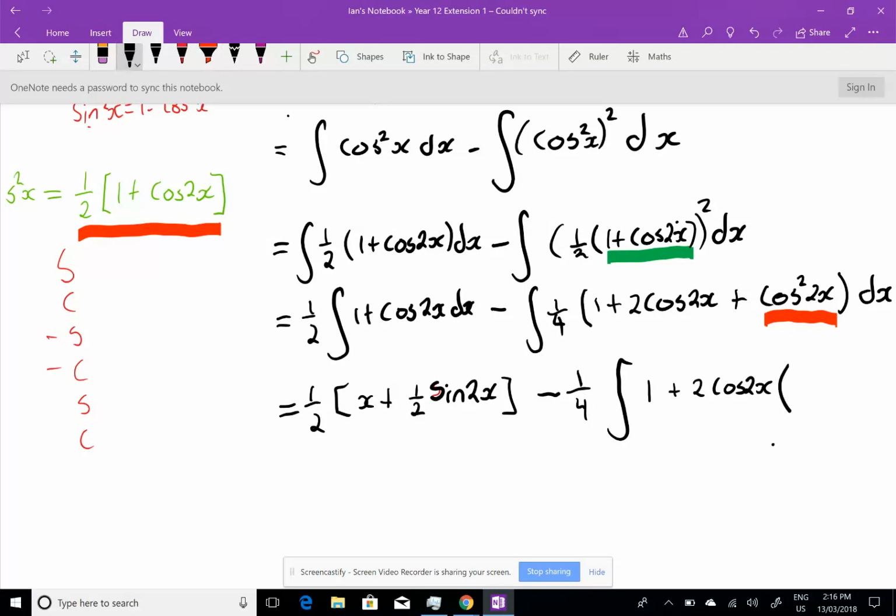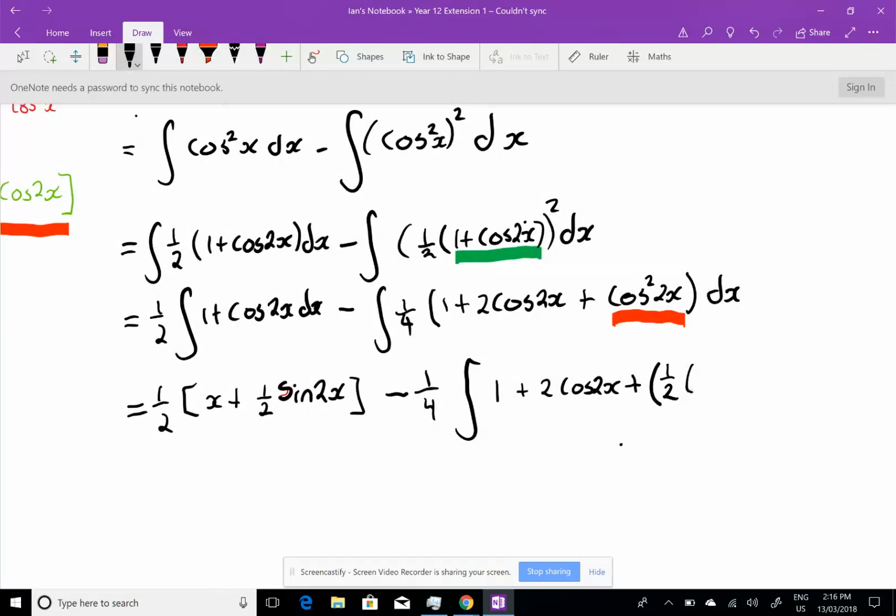So in here, I've got a half, plus a half of 1 plus cos. Now it's not 2x, I have to double it, and it's not squared, because that's what we're getting rid of. 4x dx.